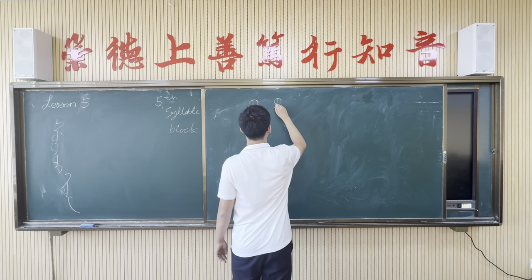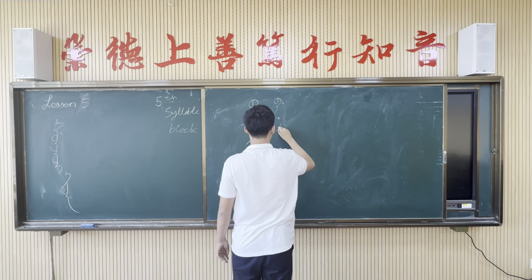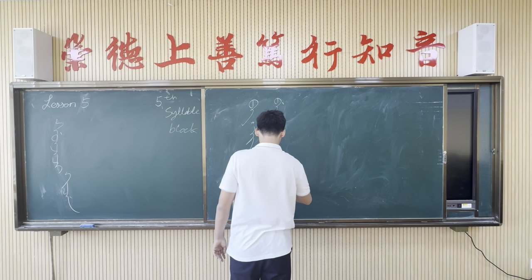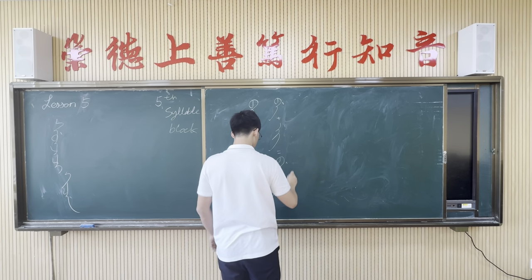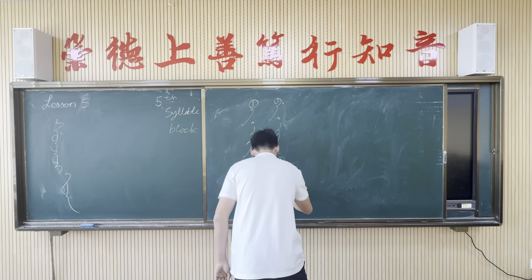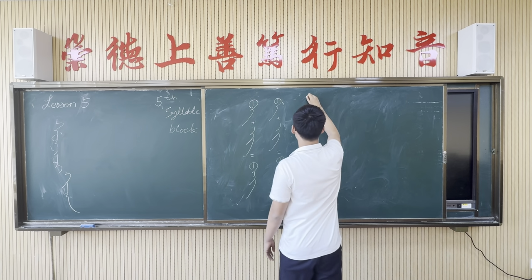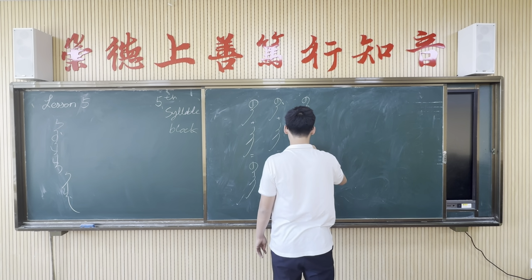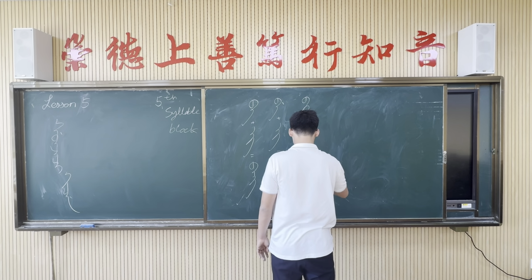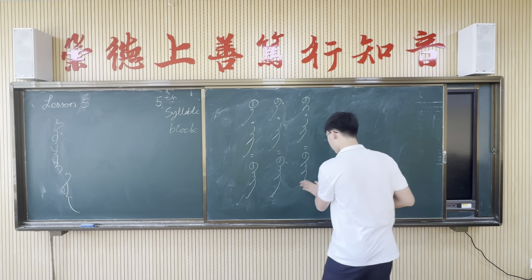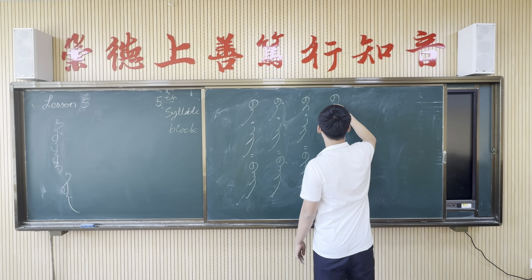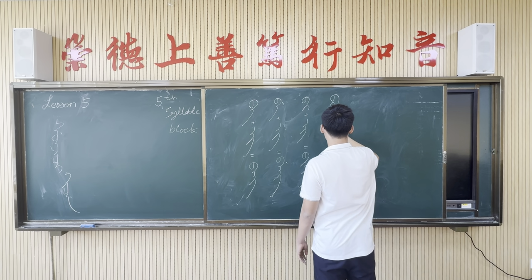Buo plus ng, buong. Bi plus ng is bing. Bo plus ng is bong.